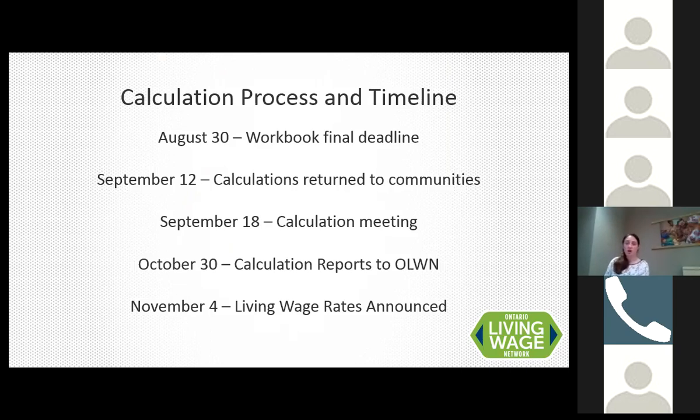It gives you an opportunity to look at what other community calculations look like, and to say, maybe our communications costs are really high, or that's an interesting difference between our communities. So it's a last chance to take a look at the calculation and see if anything pops out, to make sure that we've got the right numbers.